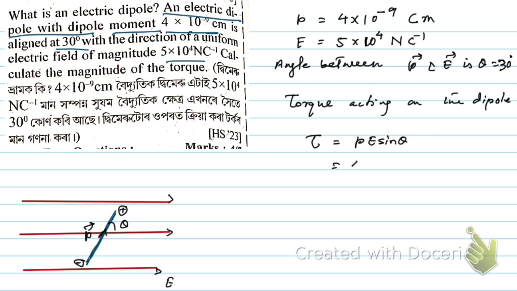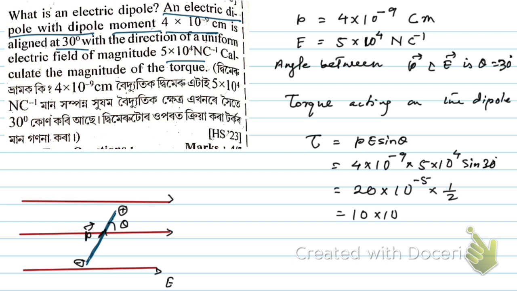So P is given 4 into 10 to the power minus 9, and E is given 5 into 10 to the power 4, and theta is 30 here, and sin 30 is half. 4 5 is 20 into 10 to the power minus 9 plus 4, that's going to be minus 5. That half, if you cancel 20 by 2, then you're going to get 10 into 10 to the power minus 5, that's going to be 10 to the power minus 4.